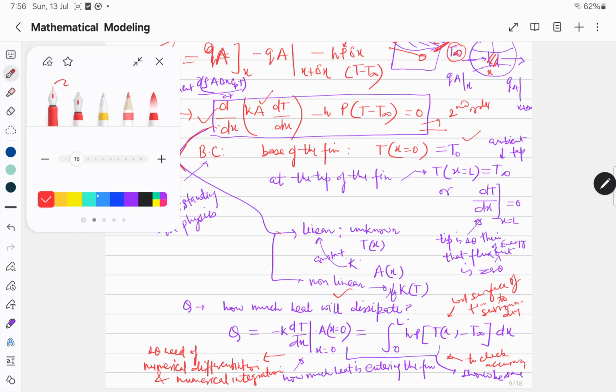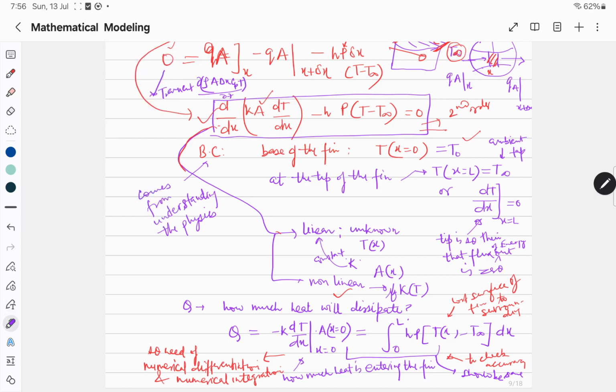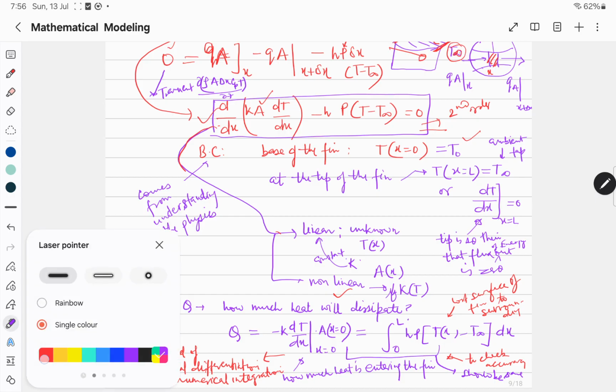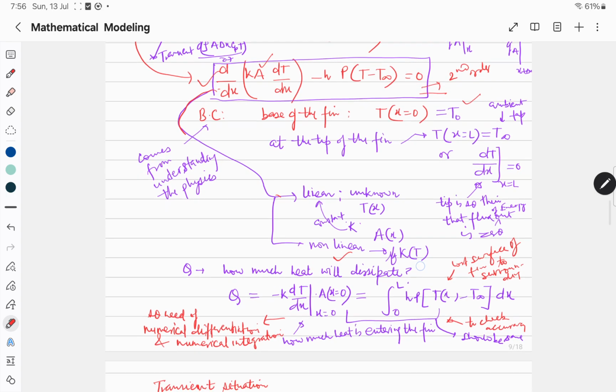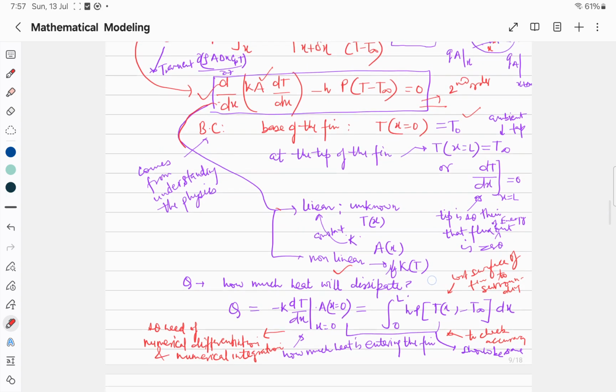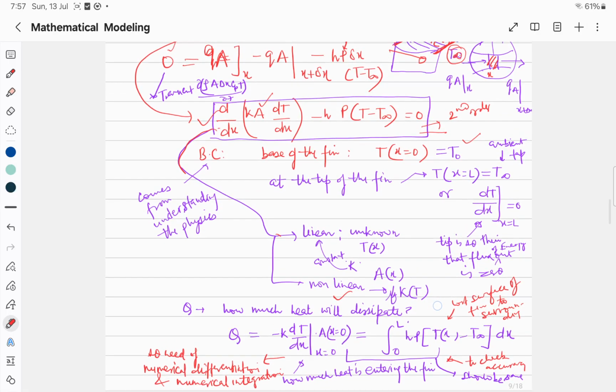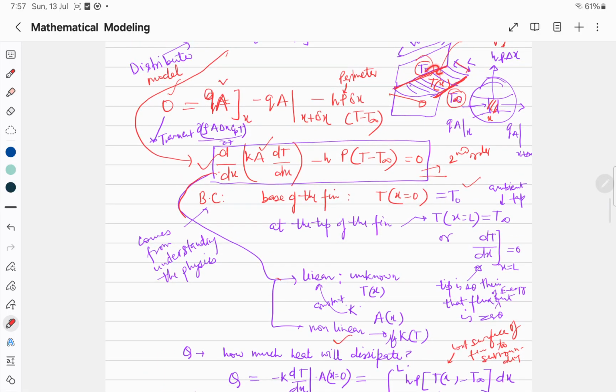After solving this differential equation, you will be getting T as a function of x. Once you have T as a function of x, you can calculate how much heat will dissipate. You can calculate it in two ways.